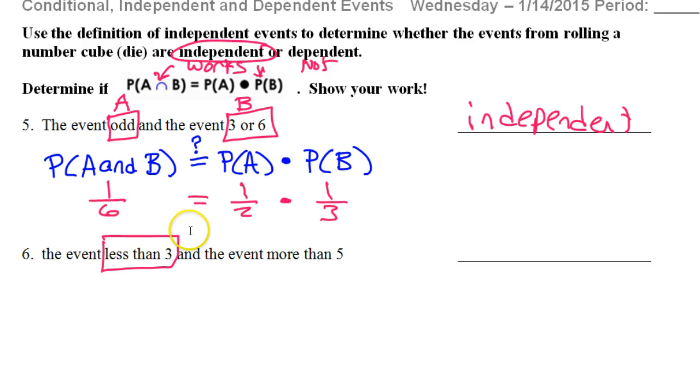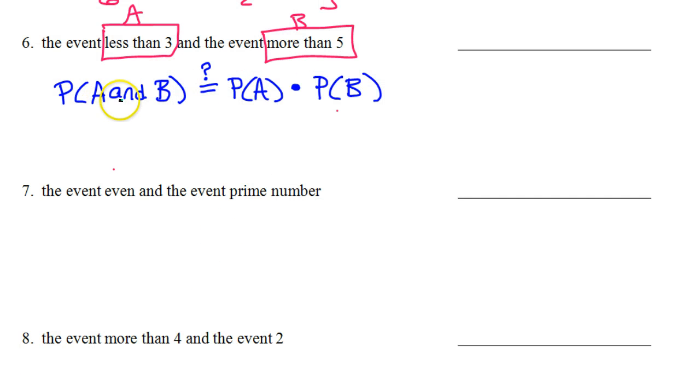And event B will be more than 5. So let's call this event A, and we'll call this event B. Once again, we need to find the intersection, the overlap between these 2 sets, and then find the individual probabilities and see if they multiply and equal each other.